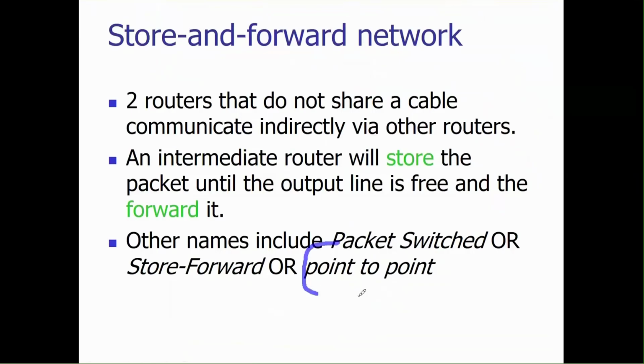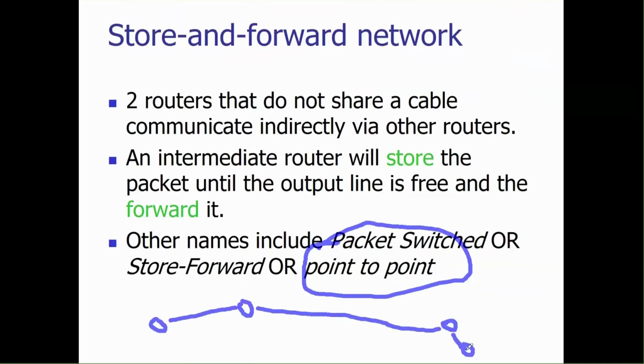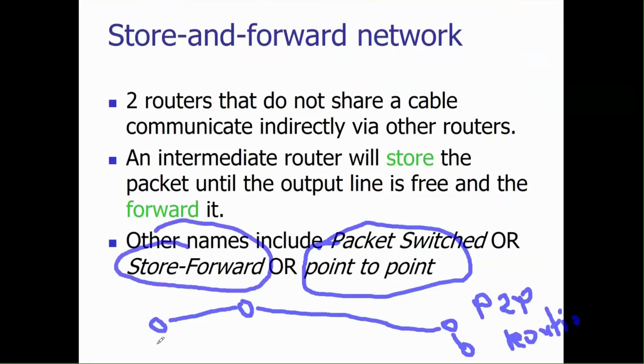Finally, just to finish today, we have the store and forward, which is basically another word for point-to-point. So we already talked about point-to-point. Point-to-point, as I said, is what we use in the internet. If I want to connect a computer to switches and so on, we connect them in point-to-point. This is what we call P2P, where we came about routing algorithms, something we started the lecture today with, right? So another word for it is store and forward. Why store and forward? Because if this is a switch going to B, right?